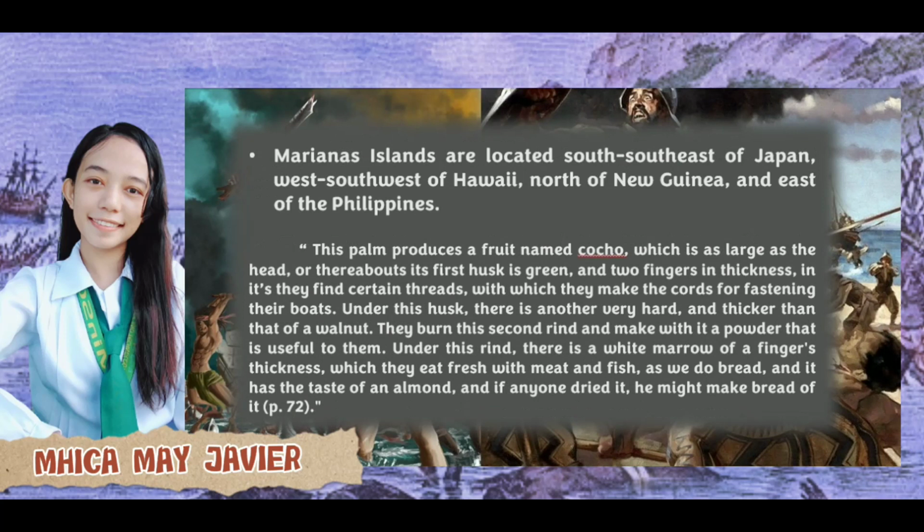And after 10 days, ayon kay Pigafetta, narating nila ang isla na tinatawag na Samal na ngayon ay Samar. Ngunit napagdesisyonan ni Magellan na sa ibang isla na lang sila magpalipas ng ilang araw at magpahinga. Ayon kay Pigafetta, matapos ang 2 araw, March 18, siyam na kalalakihan ang nagtungo sa kanila.